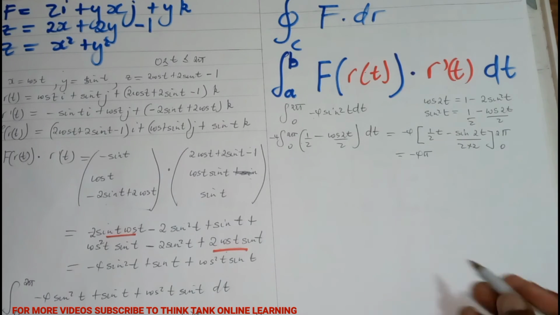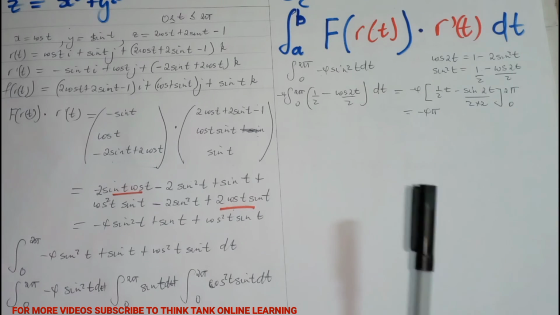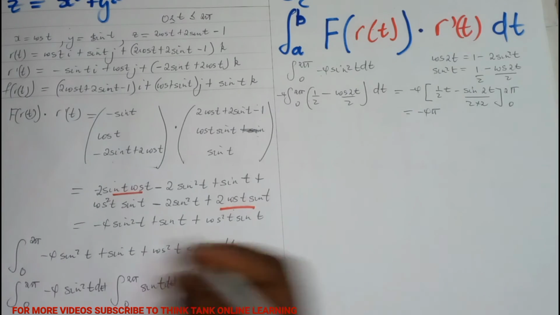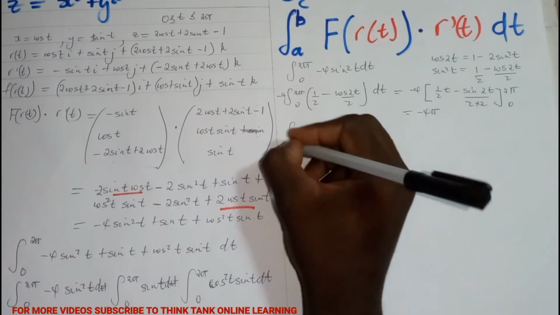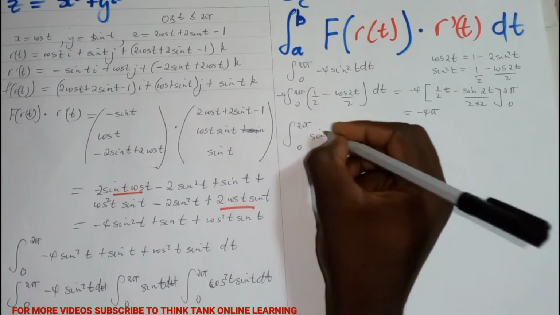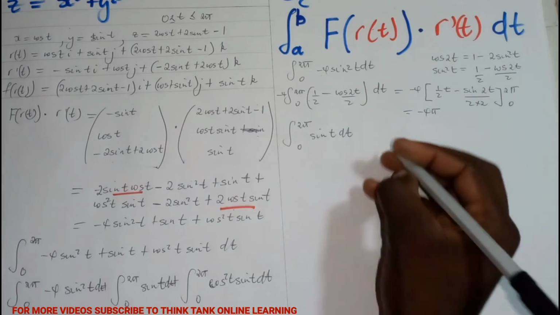Now, if you are in an examination and you know that what you did when you used Stokes theorem was correct, you should know that this integral gives you 0. Now we go to the integral from 0 to 2 pi of sine t dt.